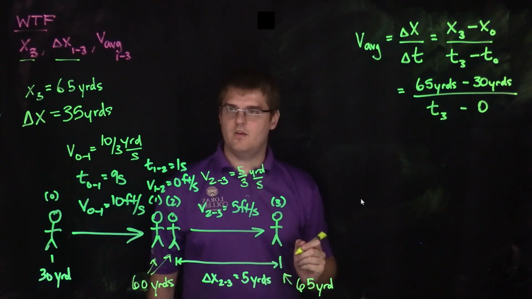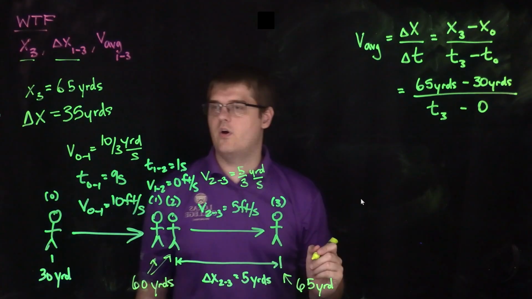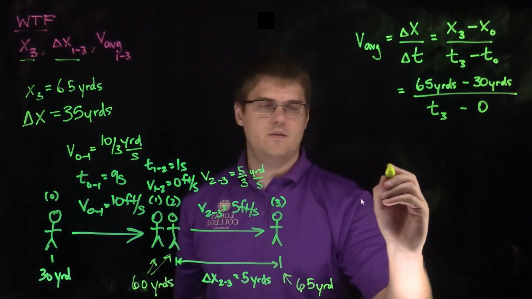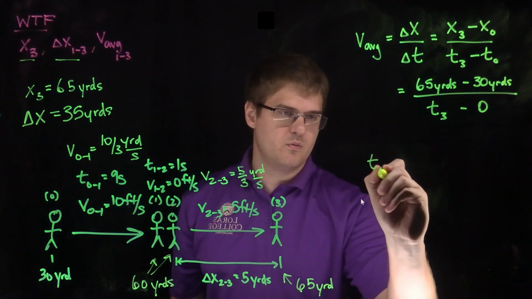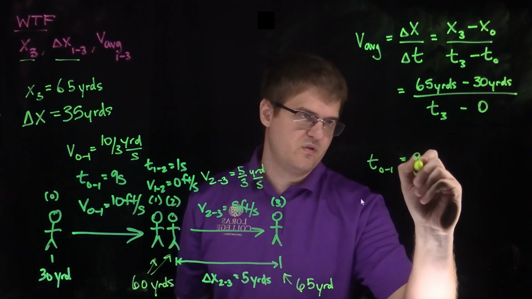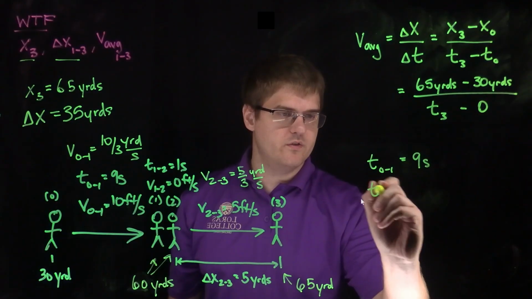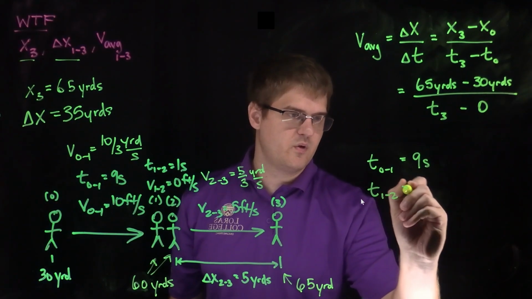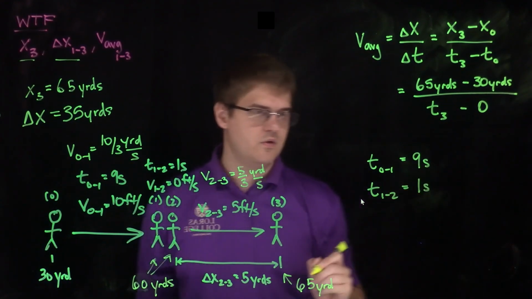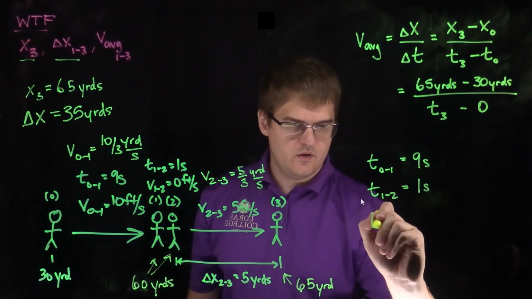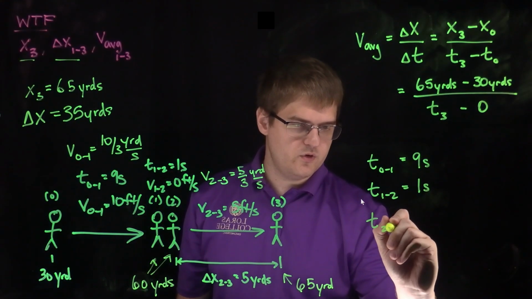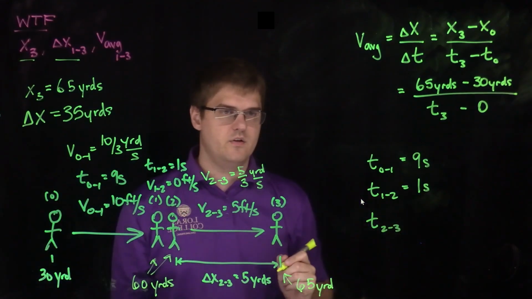So what is my time at time 3? Well, from 0 to 1 is 9 seconds. From 1 to 2 is 1 second. And time from 2 to 3 I was not given.